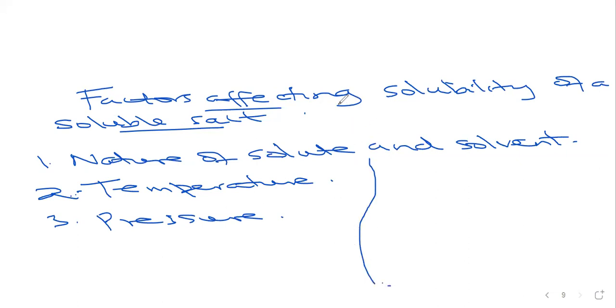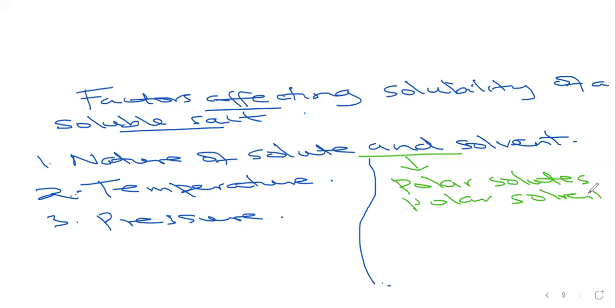I'll begin with the nature of solute and solvent. How does it affect solubility? We are aware that there are what we call polar solutes, and you are aware that polar solutes are soluble in polar solvents. These ones can only dissolve in their corresponding polar solvents.